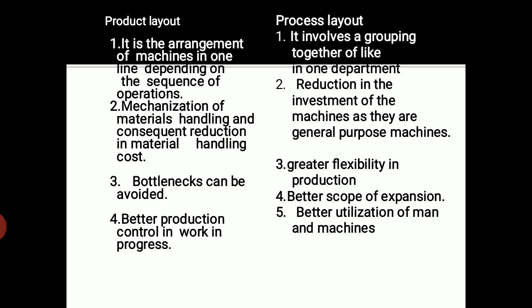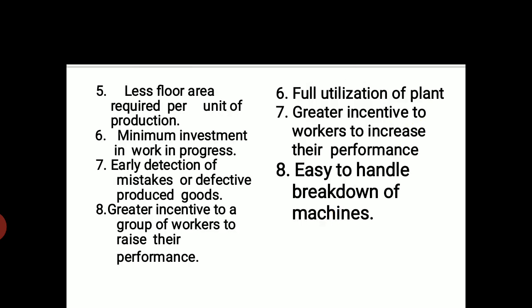Here we are moving towards the next slide, giving the rest of the advantages. If we continue with the product layout, the fifth one is less floor area required per unit of production. That means whatever the required or available area is there, we can make the arrangement in sequence and use the floor to its maximum, or less floor is utilized.